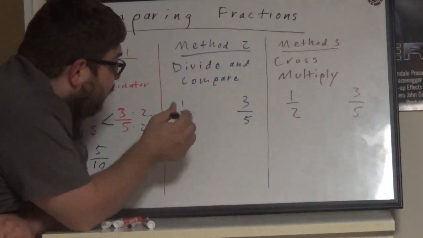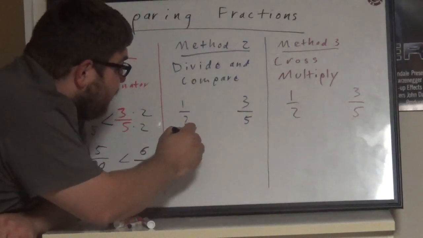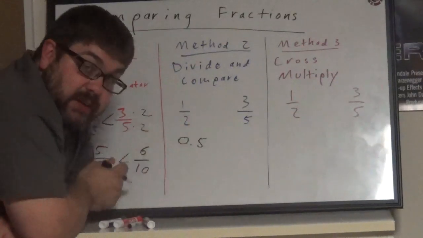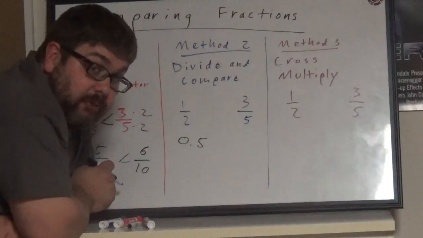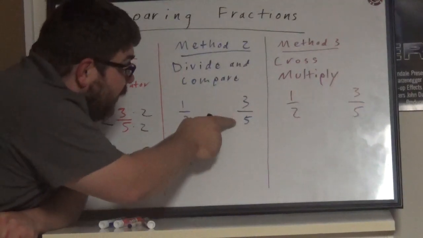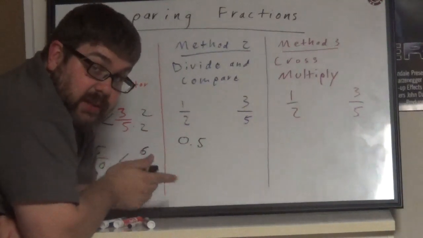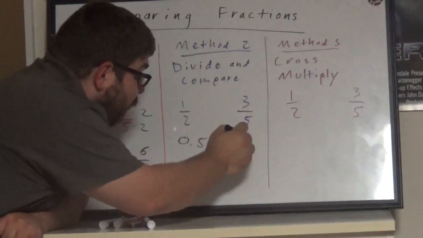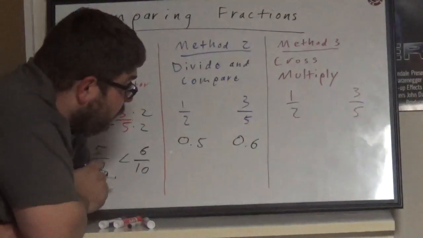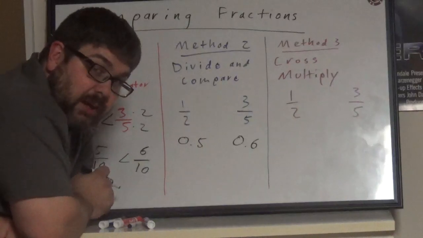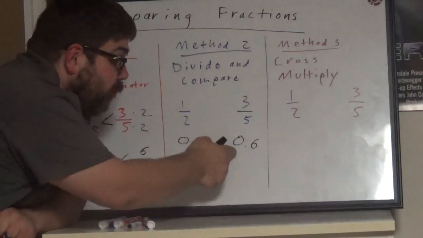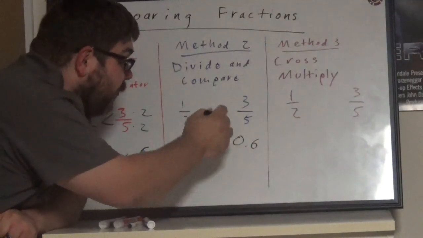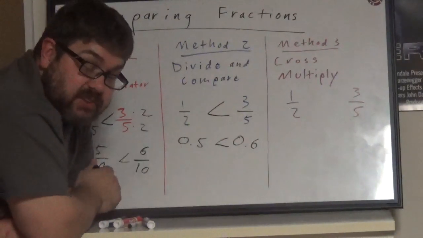So 1 divided by 2 would give us 0.5. You can put that in a calculator if you need to. 3 divided by 5, put that in a calculator, and it gives you 0.6. Well, which one's bigger, 0.5 or 0.6? Just like 6 is bigger than 5, 0.6 is bigger than 0.5, so we know 3/5 is bigger.